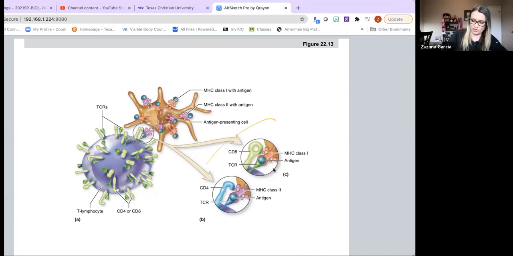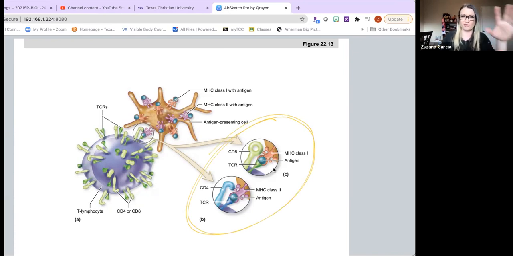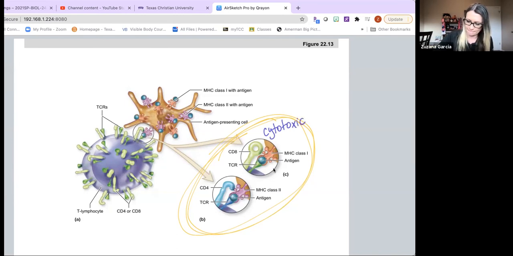So what you really want to focus on is this part right here, because part A is kind of messy, and you might look at that dendritic cell as, oh, that's an antigen presenting cell, which it is. But here, this is where it's really summarized nicely for you. CD8 is cytotoxic T cell. And CD4, this is helper T cell. Okay.